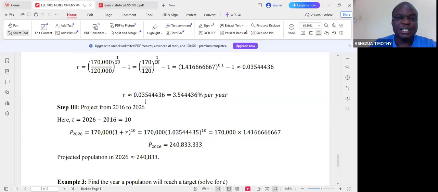So the next step is to project the population from 2016 to 2026. And here T is equal to 2026 minus 2016. This will give you 10 years between 2016 and 2026.